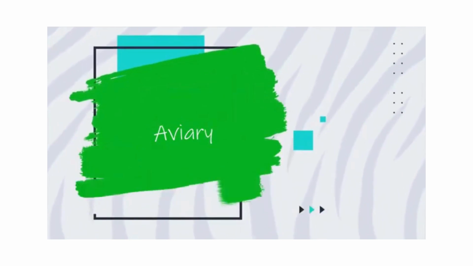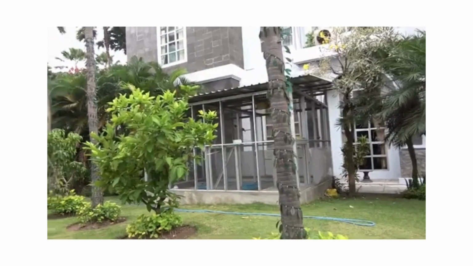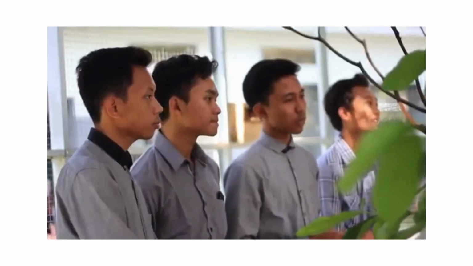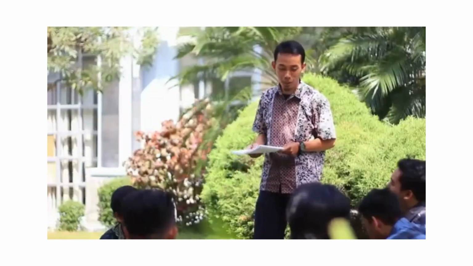Aviary. The aviary is another outdoor support facility useful for practical and research activity based on observing birds' activity. This aviary is also located outside of the Magister program building and can accommodate 5 to 10 students.